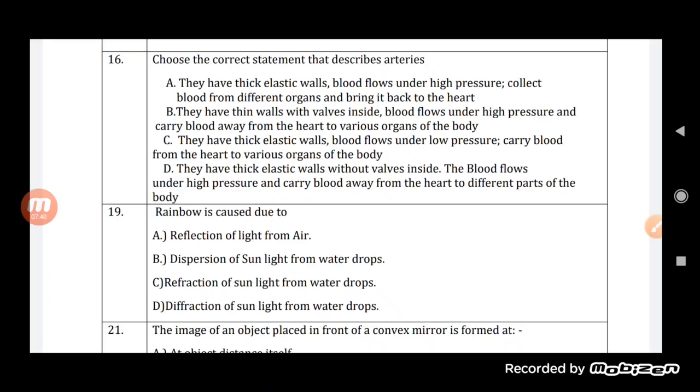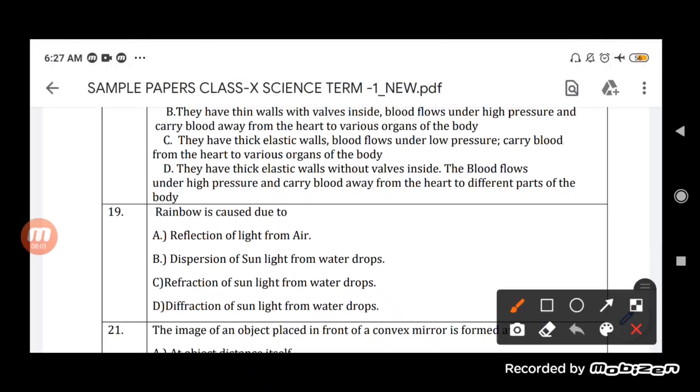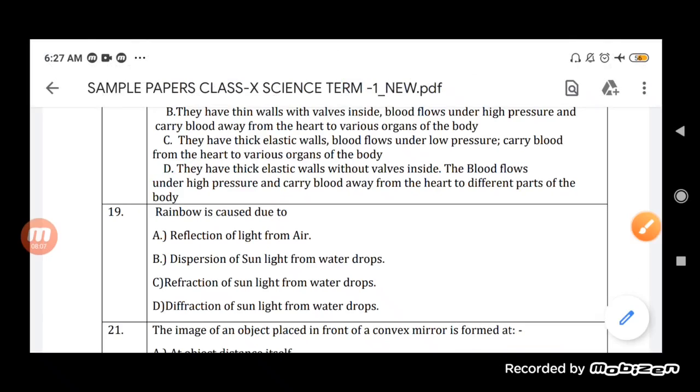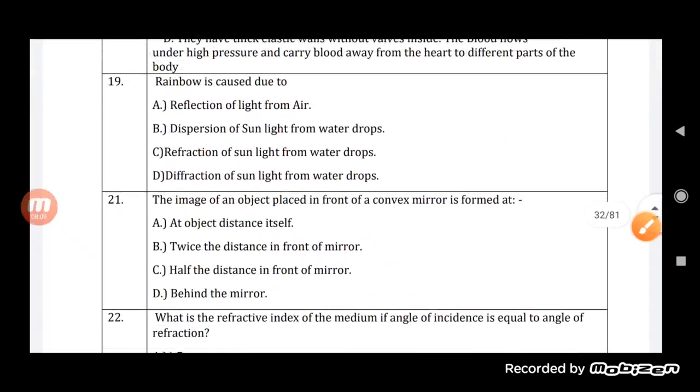The blood flows under high pressure and carries blood away from the heart to different parts of the body. So out of 4, D is the correct option, that is, thick elastic walls without valves inside.